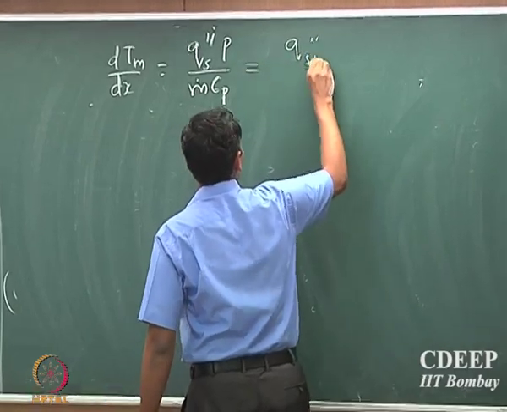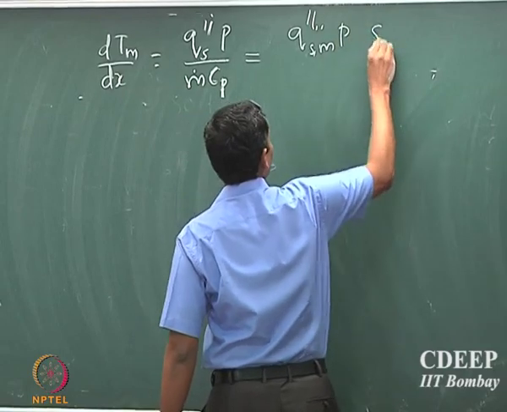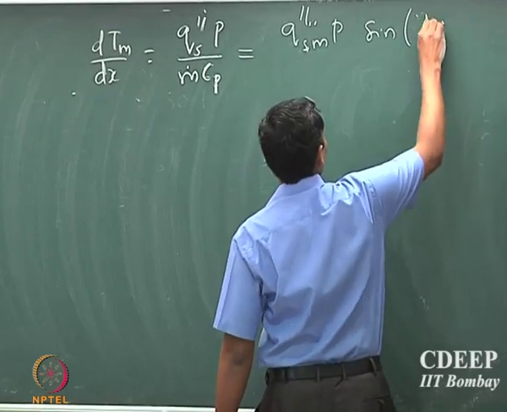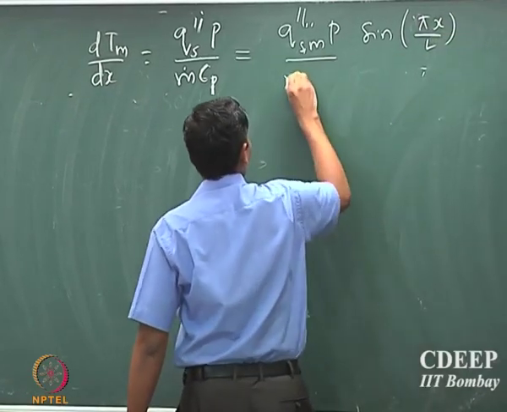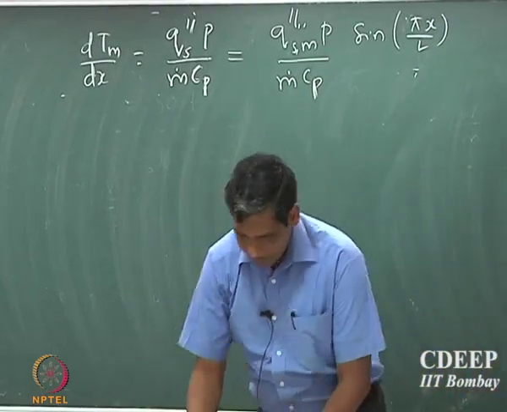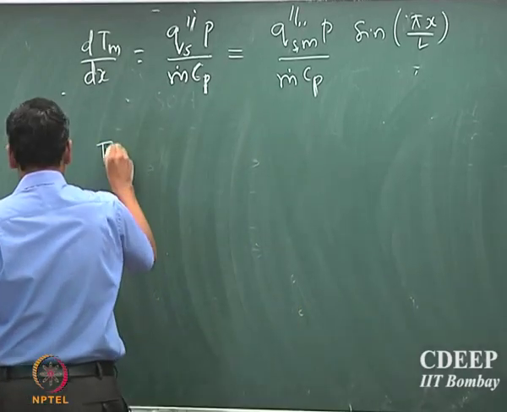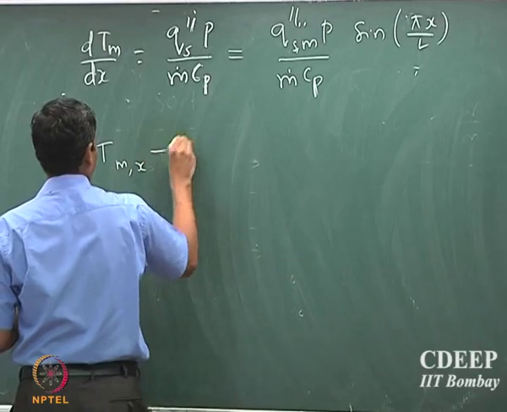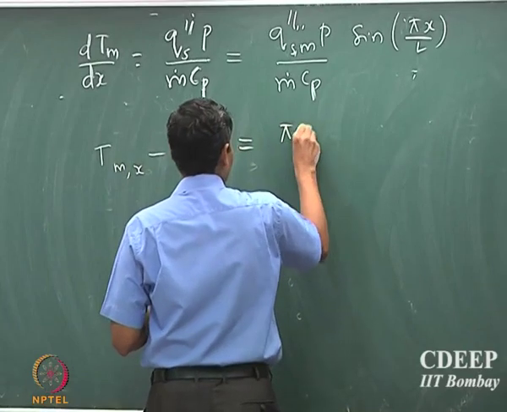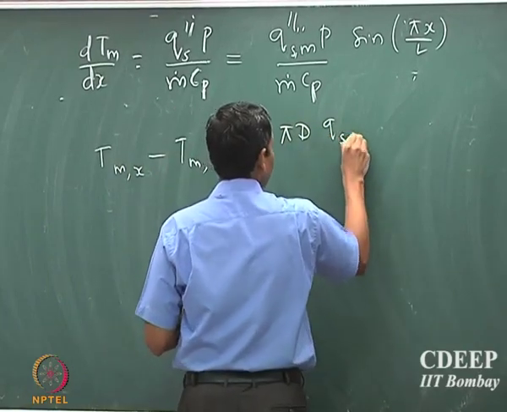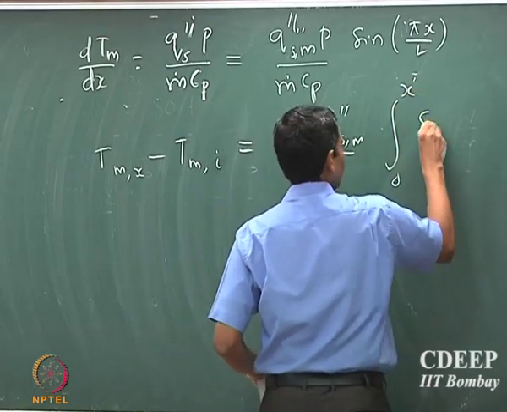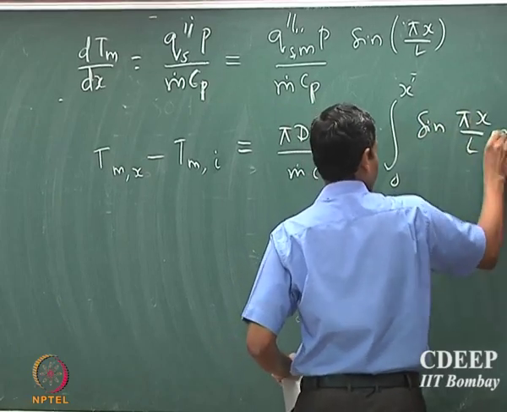And so we know what Qs is. So, we substitute Qs as C into sine pi x by L divided by m dot Cp. So, we integrate this, we get it very easy. Okay. So, we find that Tm at x minus Tm at the inlet is equal to pi d, which is the perimeter, divided by m dot Cp integral 0 to x sin pi x by L dx.